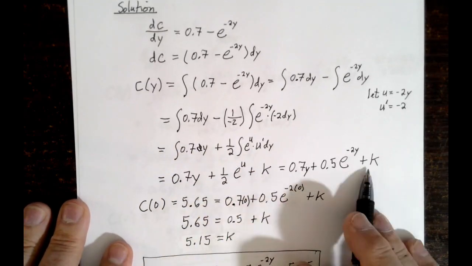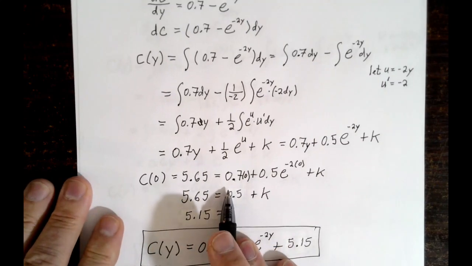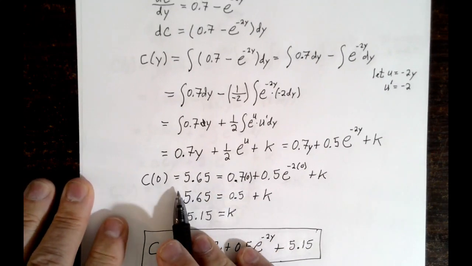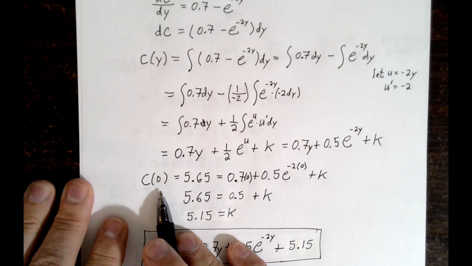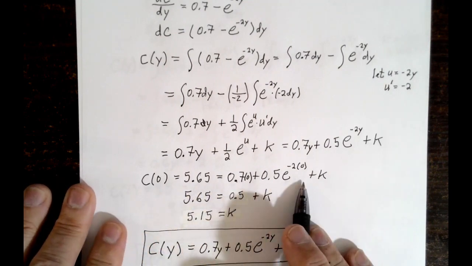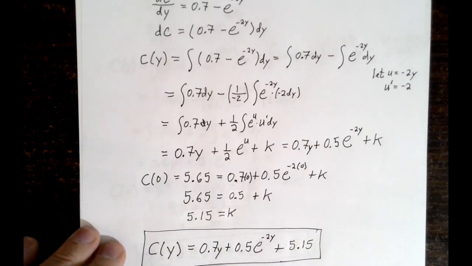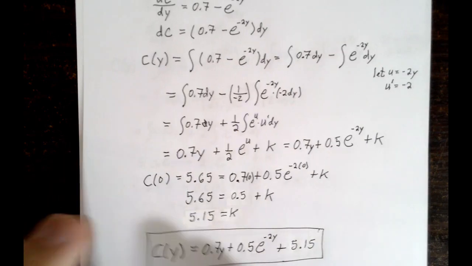And we finally get to this guy here, and we nail down that when y equals 0, the answer equals 5.65. So you multiply all this out and you get k equals 5.15. And so there's your function right there.